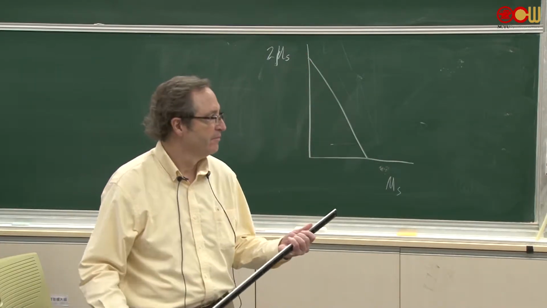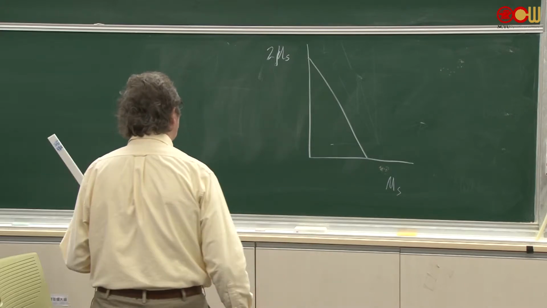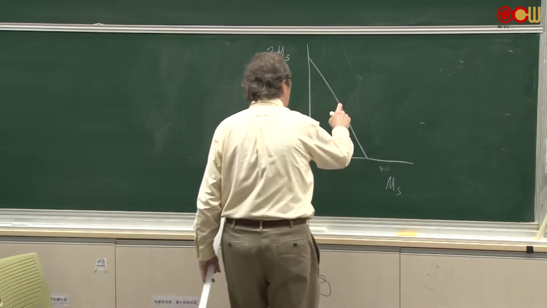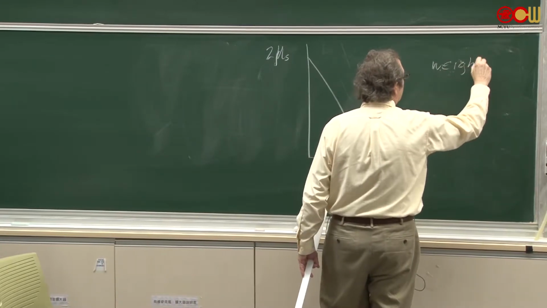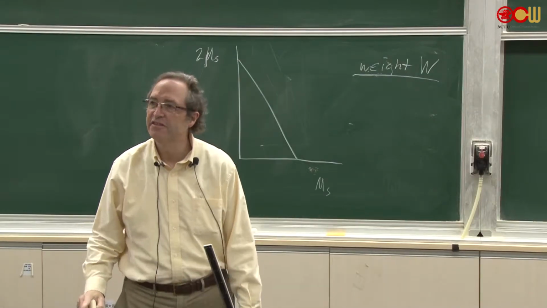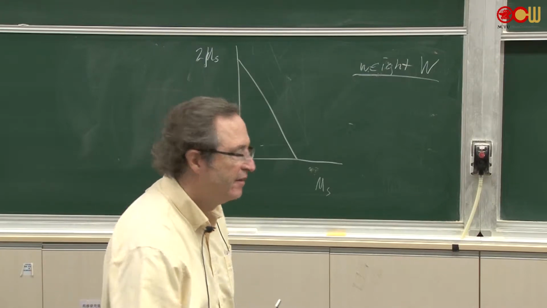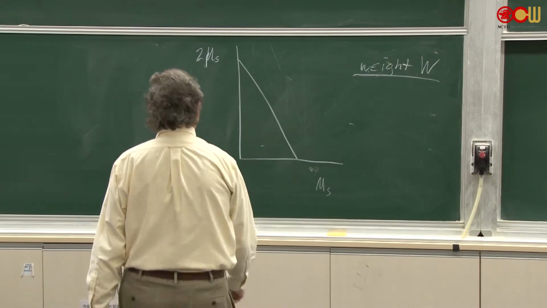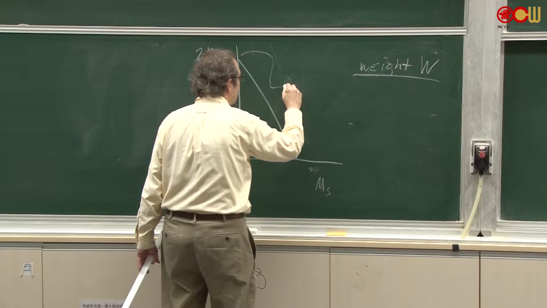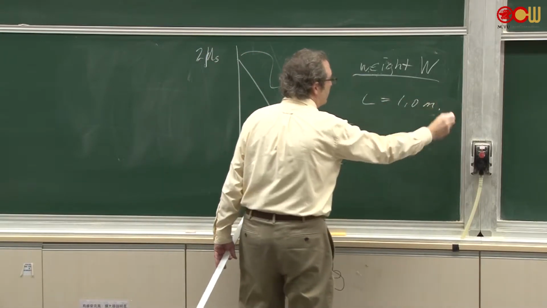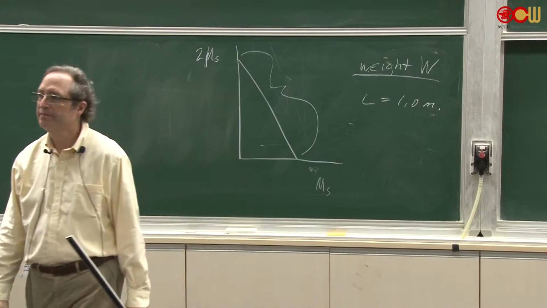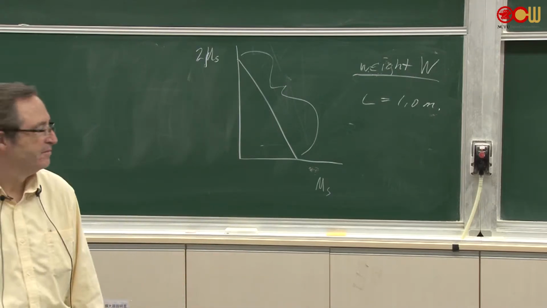All right? And this has a weight, W. That means W equals mg. All right? And this has a length, L equals 1.0 meters. Everybody agree? Yeah.